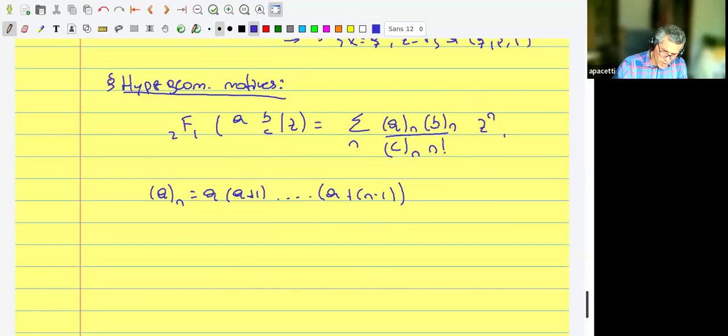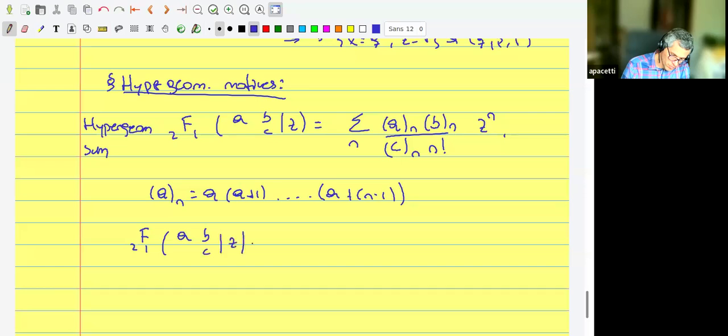And so this sum was studied from different perspectives. It satisfies a differential equation, a degree 2 differential equation. But the hypergeometric sum, which was mostly studied by Gauss, also has an integral representation, which can be given as the product gamma of b divided by gamma of a, gamma of b minus a.